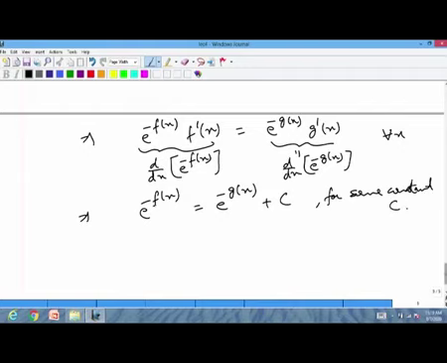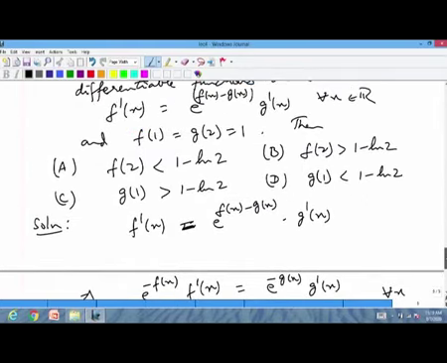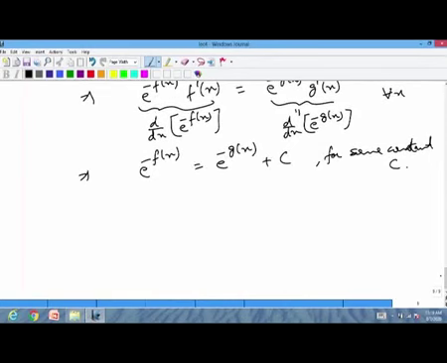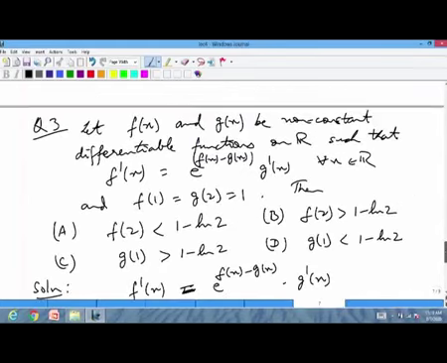Now, we are given the value of f of 1 is 1 and g of 2 is 1. So, we will use those. Therefore, e to the power minus f of 1 will be equal to e to the minus g of 1 plus c. F of 1 is given to be equal to 1.